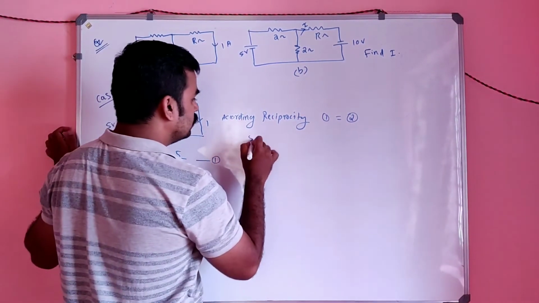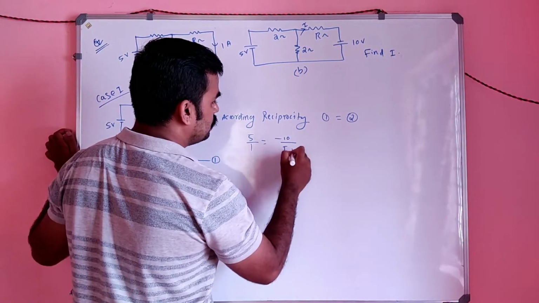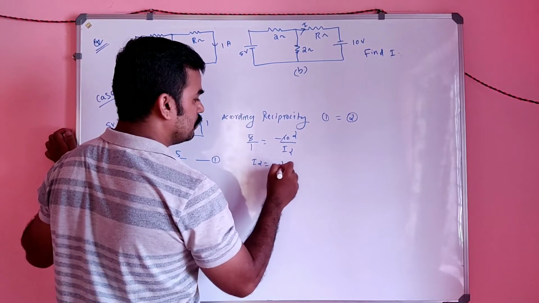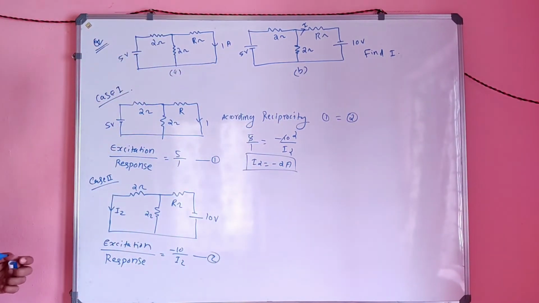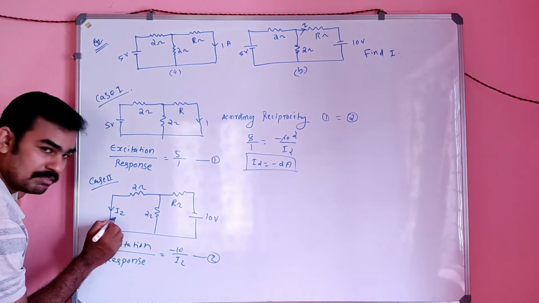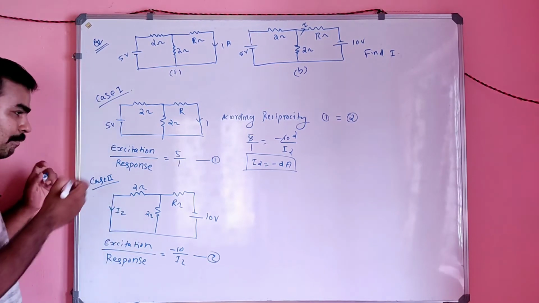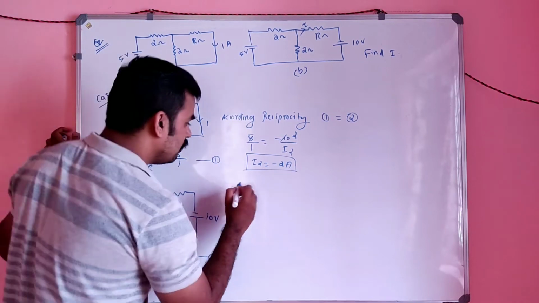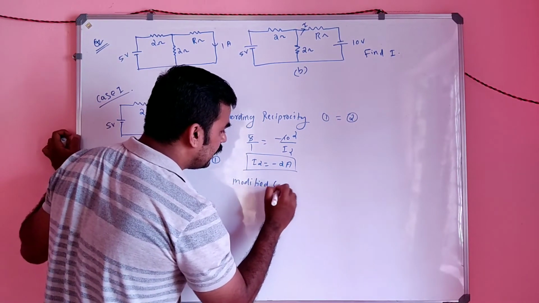That means 5 by 1 is equal to minus 10 by I2, or simply I2 equals minus 2 ampere. That means in this circuit, I2 is minus 2 ampere. So we can write the modified case 2.